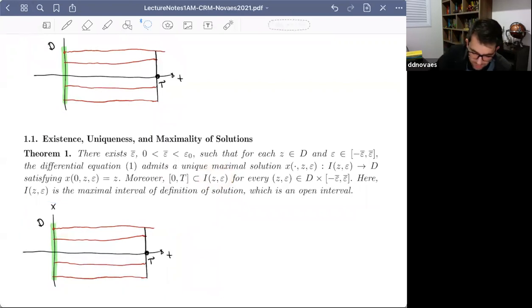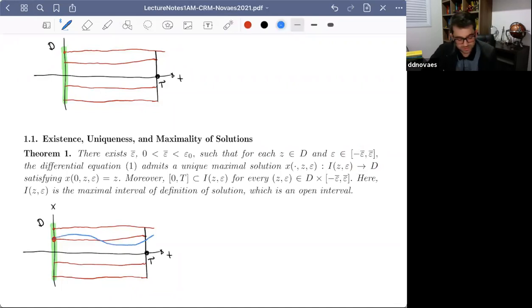What I'm saying is that for each initial condition inside D, if epsilon is inside this closed set minus epsilon bar to epsilon bar, then the solution starting at this point is defined at least for t equal to the period of the differential equation, capital T.